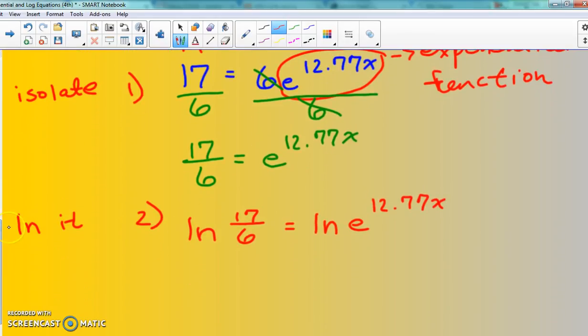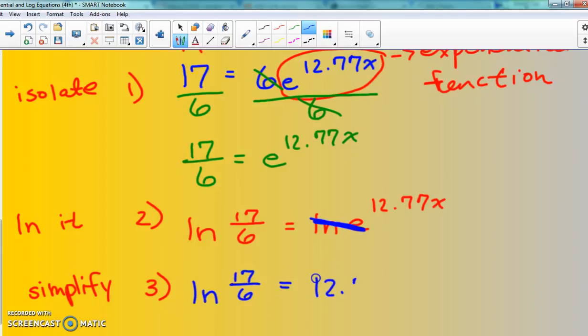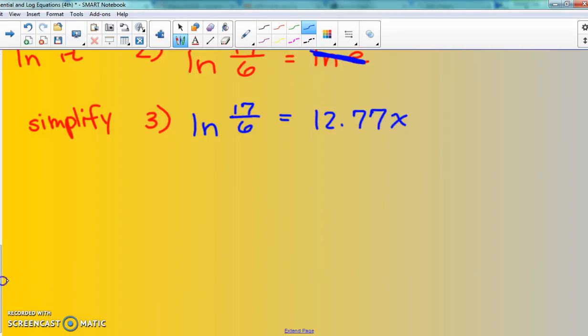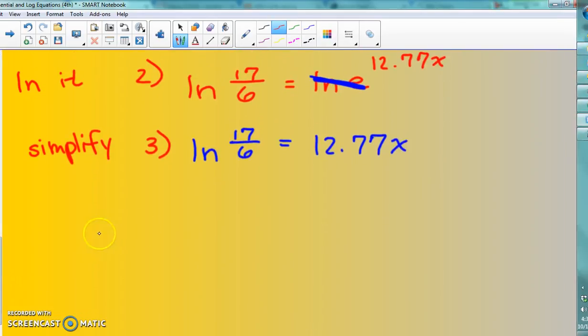That was our step 3, the simplify stage. Natural log and E cancel each other out, so we're left with natural log of 17 over 6 equals 12.77x. And then the last step is to solve.